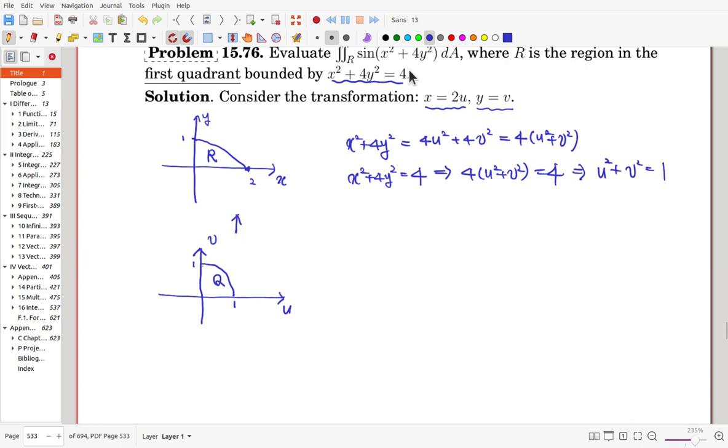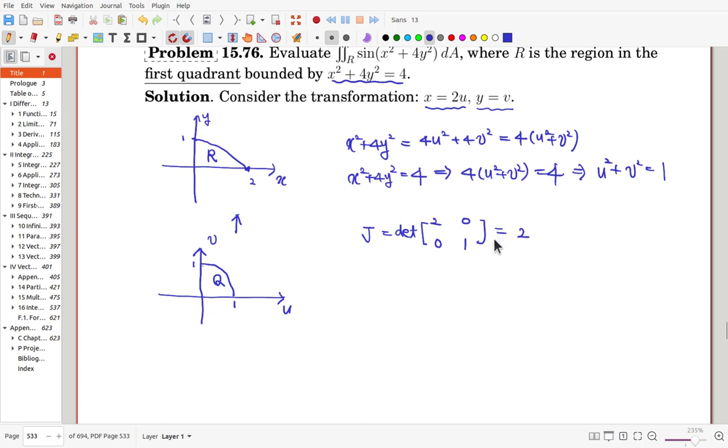Now, to evaluate the integral, the remaining part is getting the Jacobian, right? The Jacobian is the determinant of the x u derivative, which is 2, and the x v derivative, which is 0, the y u derivative equals 0, and the y v derivative is 1. So we have 2.